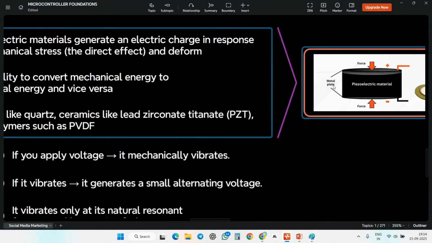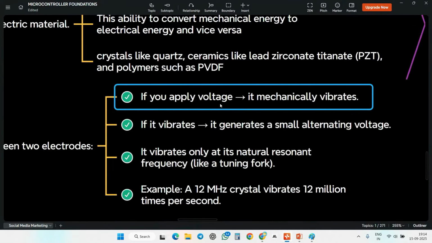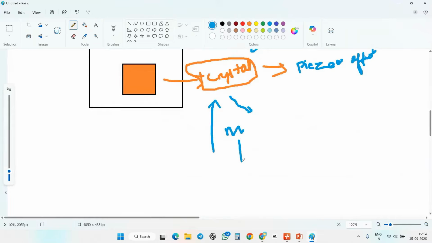If you apply a voltage here, what will happen? Initially it will vibrate mechanically, because as I told you, applying electrical energy produces mechanical energy, and when the mechanical energy starts, electrical energy is triggered. This is vice versa, and it happens continuously.